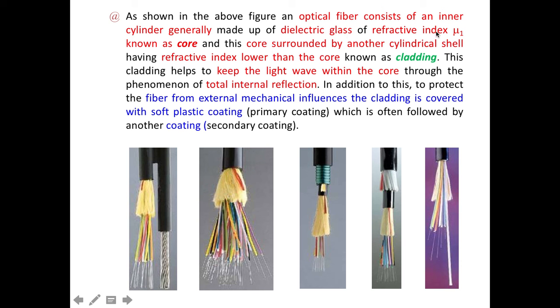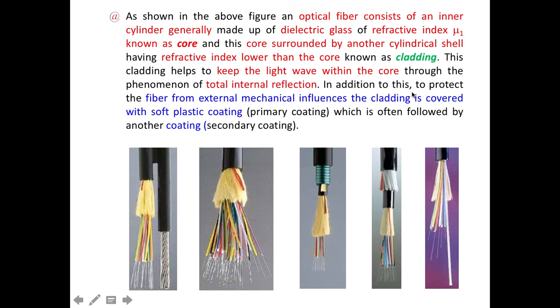The refractive index of mu1 is known as the core, and this core is surrounded by another cylindrical shell having a refractive index lower than the core, known as cladding. So the cladding refractive index has to be lower as compared to the core, then only total internal reflection will happen. This cladding helps to keep the light wave within the core through the phenomenon of TIR, total internal reflection.